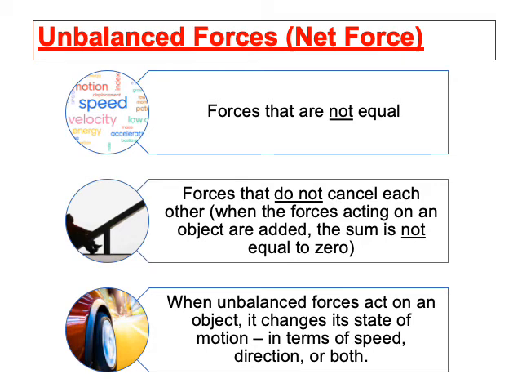Forces that are not equal, forces that do not cancel each other. So when the forces acting on an object are added, the sum is not equal to 0. When unbalanced forces act on an object, it changes its state of motion in terms of speed, direction, or both.